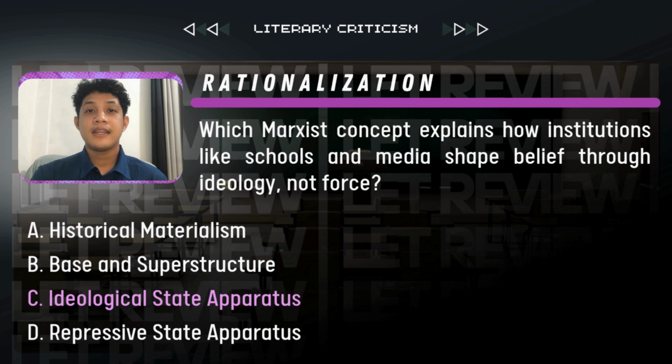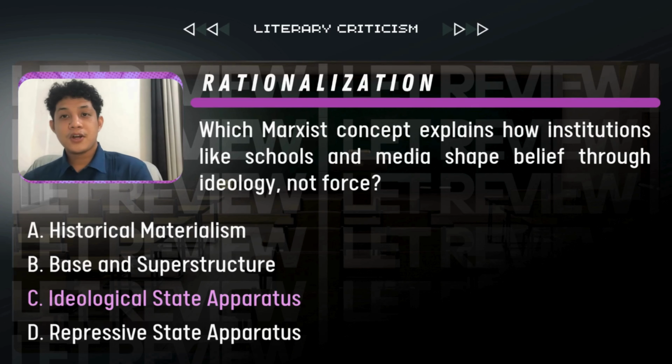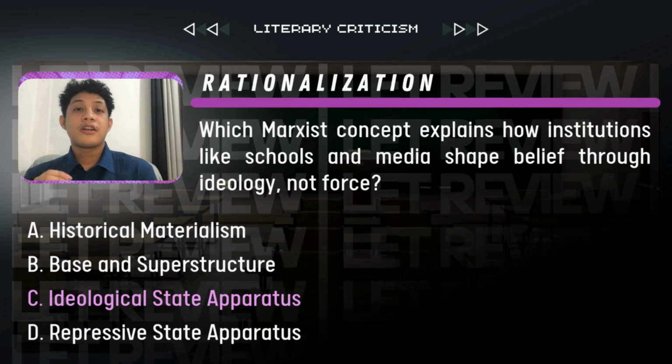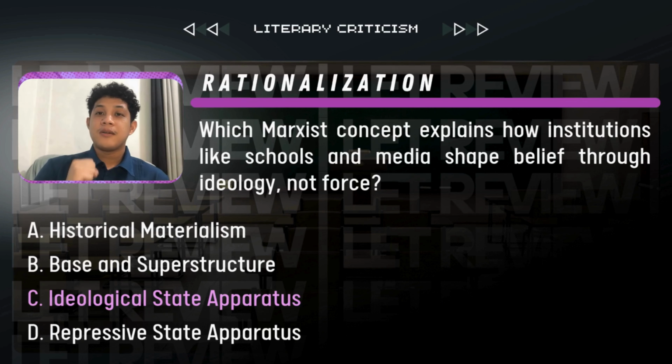So on the other hand, the other choices are incorrect because, as we know, repressive state apparatus, from the word itself, repressive, is the opposite of the meaning defined in the question and the opposite of ideology, as it focuses on the use of physical force or repression. It could be military, courts, and police.